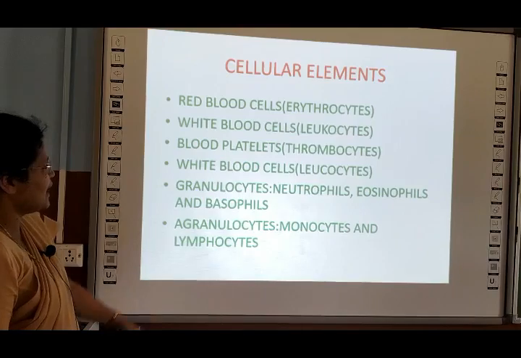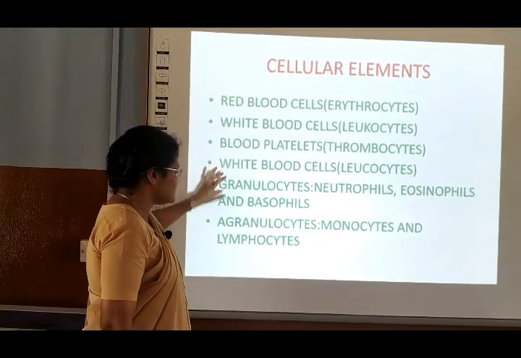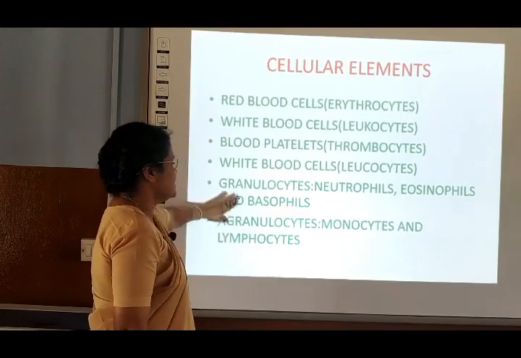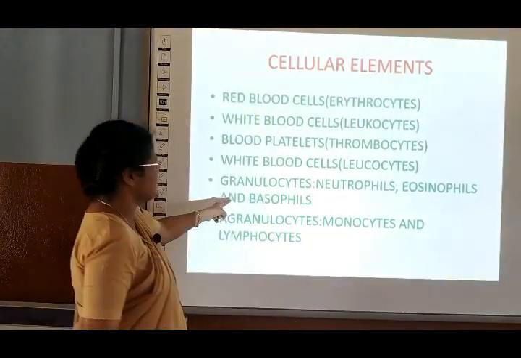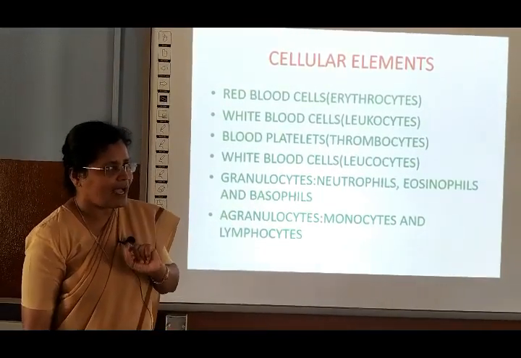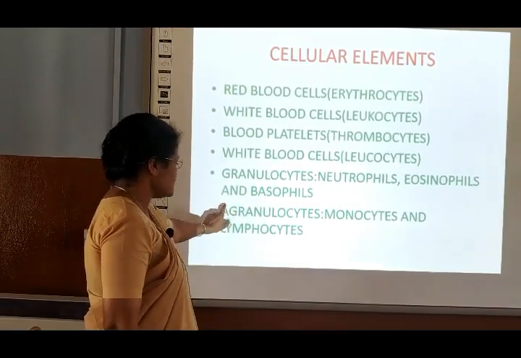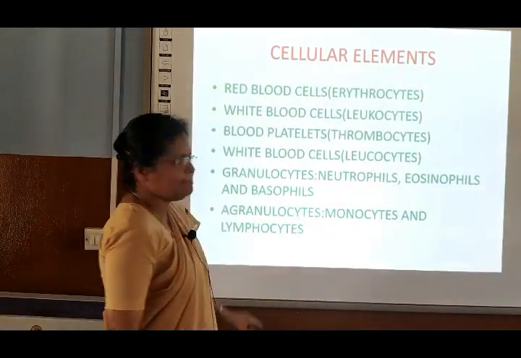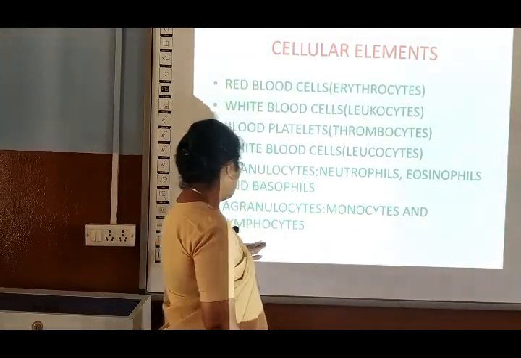The white blood cells are further divided into granulocytes and agranulocytes. The granulocytes contain neutrophils, eosinophils and basophils. For agranulocytes, remember A and M, so that you will not get mixed up: agranulocytes means monocytes and lymphocytes.